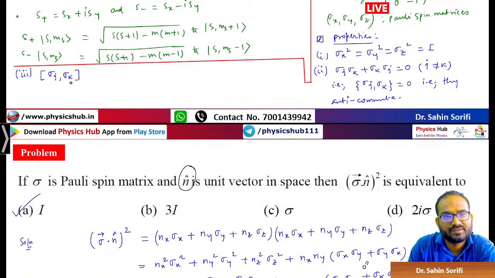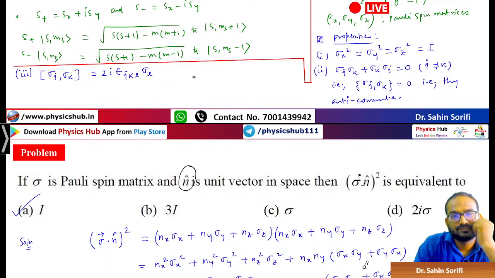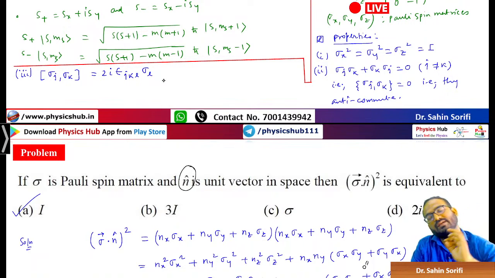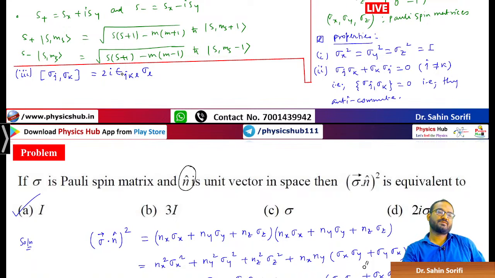This will be given by 2i epsilon jkl sigma l, where epsilon jkl is the Levi-Civita symbol, the 3-dimensional Levi-Civita symbol. So if you take clockwise sense, then it is +1, anti-clockwise -1. If repetition of an index is there, then that will be 0.